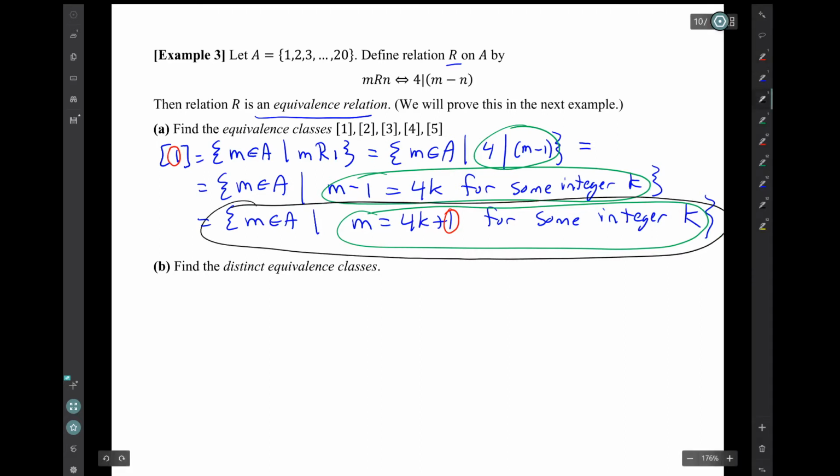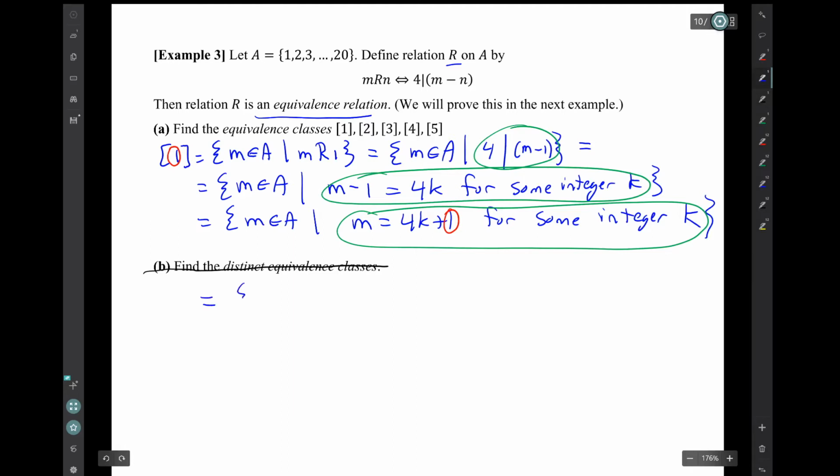So I'm going to move that up. So there's the equivalence class of 1. It's just that set containing those 5 numbers.